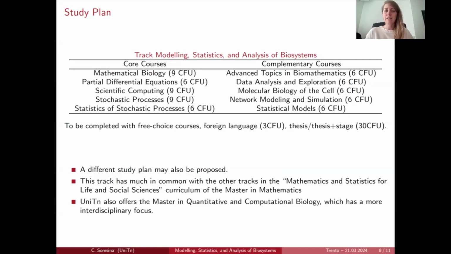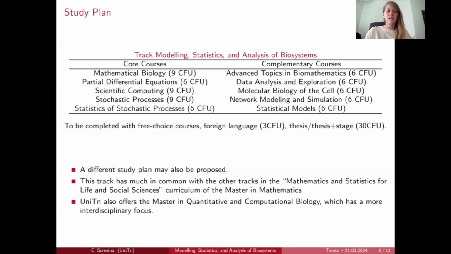This study plan has to be completed with 3 courses, a foreign language, and the thesis. And if you keep this structure, your study plan will be automatically approved. You can also propose a different study plan, and this has to be approved by a committee.